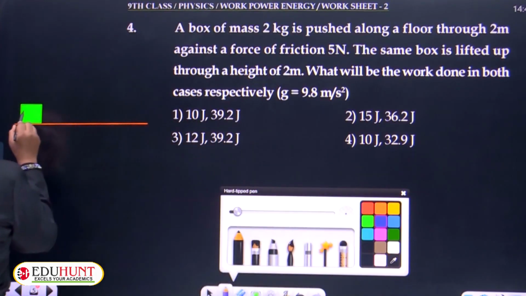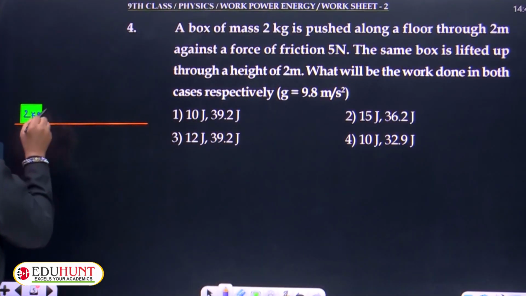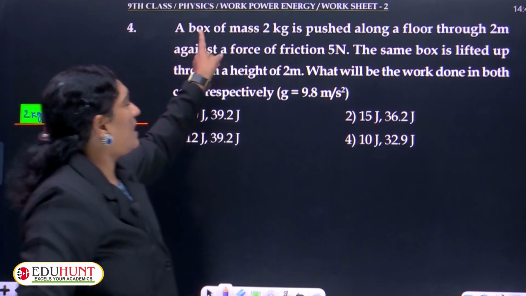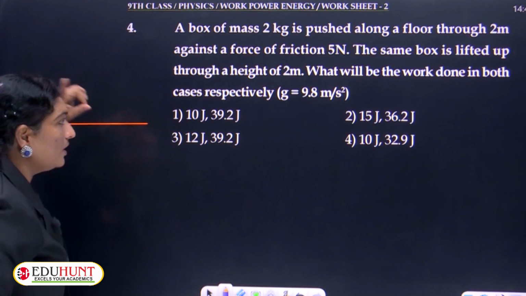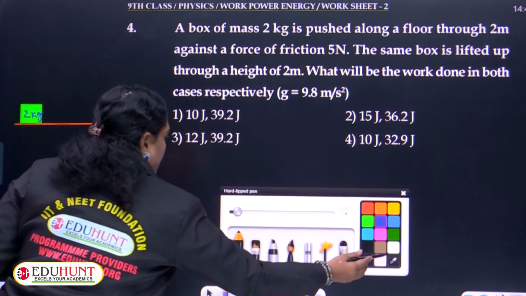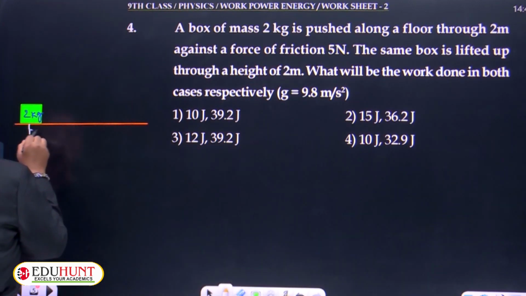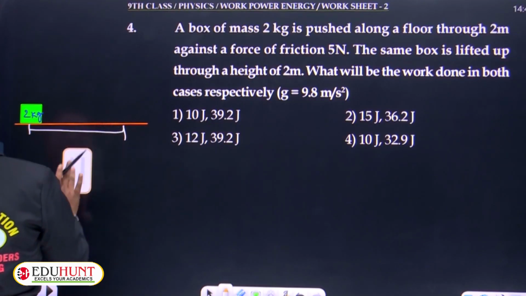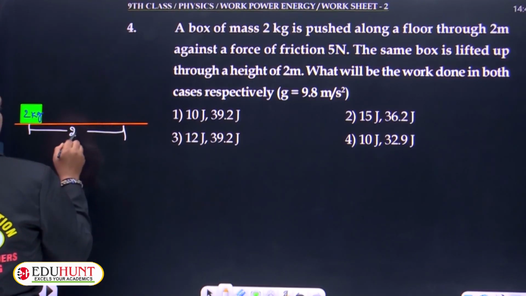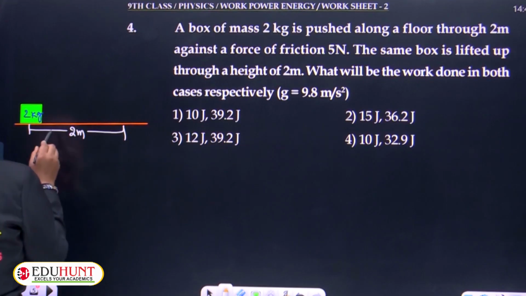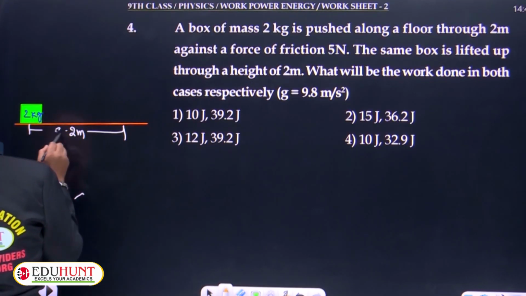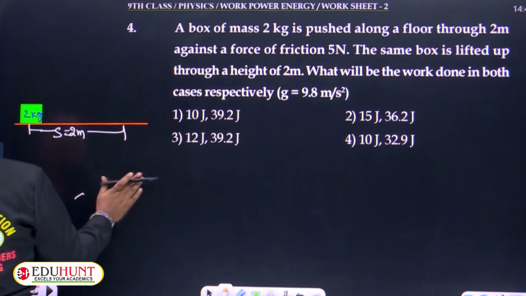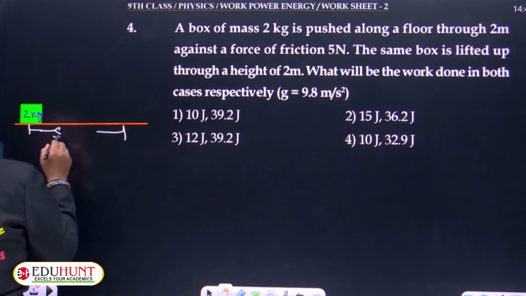Whose mass is given as 2 kg. So what was done? The box of mass 2 kg is pushed along the floor through 2 meters. So this block was pushed along the floor by a distance of 2 meters. The distance S is given as 2 meters.